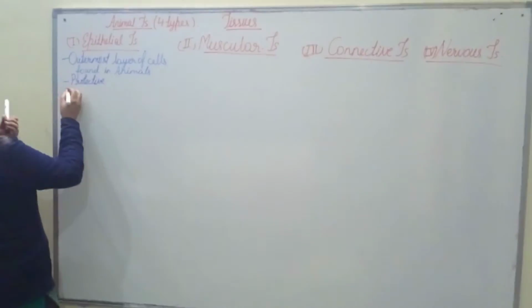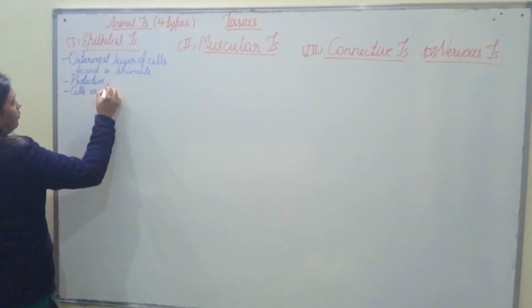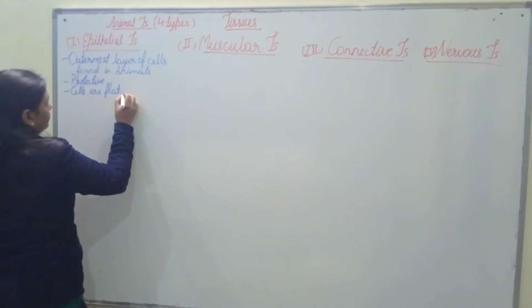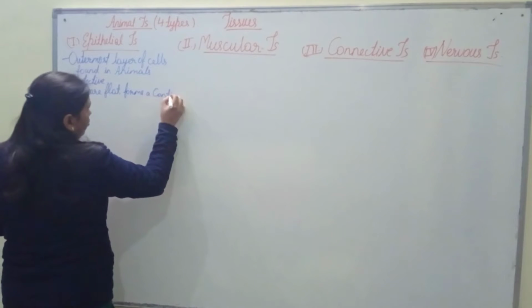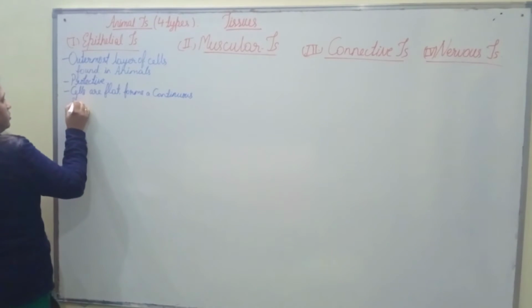Now the cells of epithelial tissues are flat and form a continuous sheet.